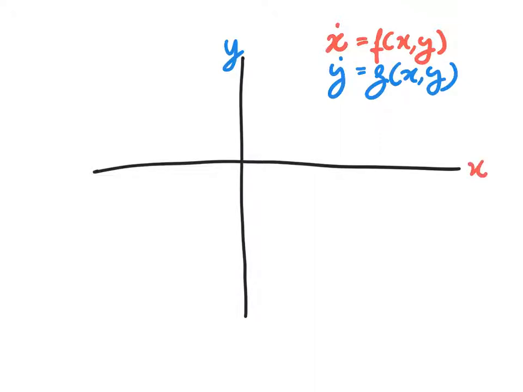The system fully determines the components of the local rate of change, the derivative. So what we are after here is a full description of the tendencies of any orbits starting at any given point, say for example that point there.